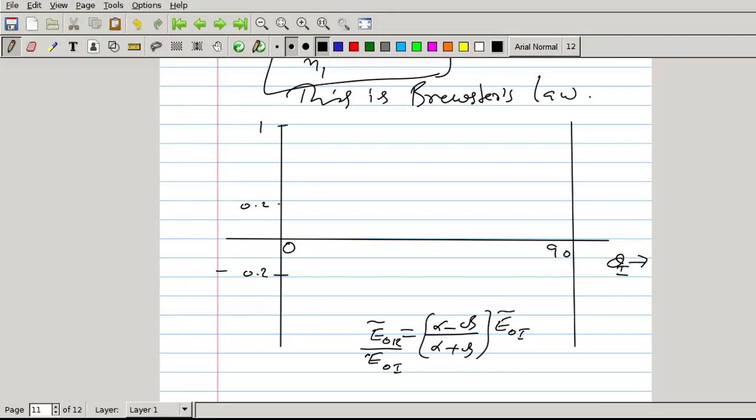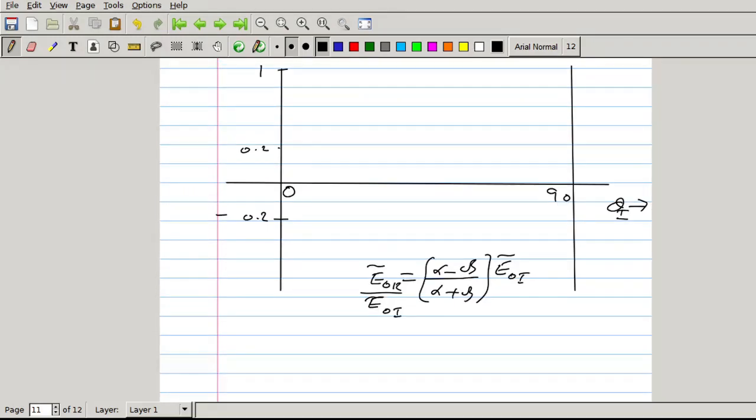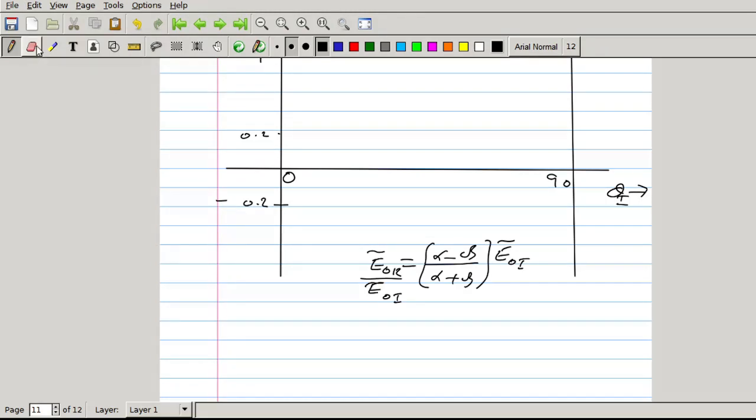For my convenience, I am representing the ratio E0R by E0I, which will be alpha minus beta by alpha plus beta. So for small angles, alpha is cos theta t by cos theta I. If theta I is very small, if I consider small angles of alpha, this is the ratio of reflected wave amplitude to incident wave amplitude.